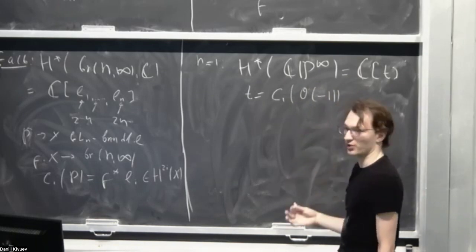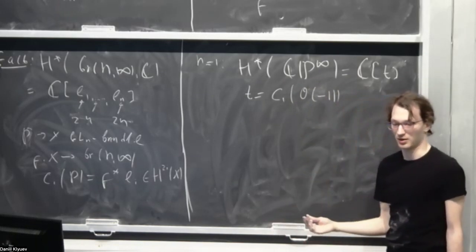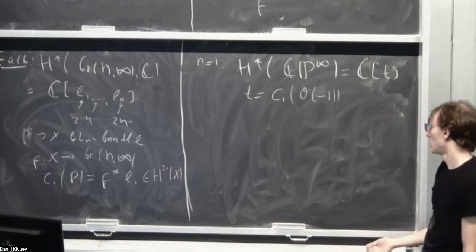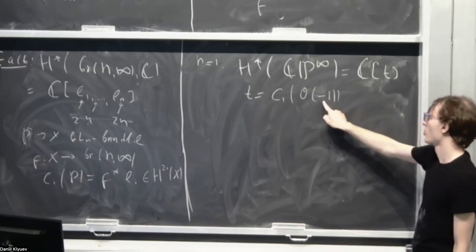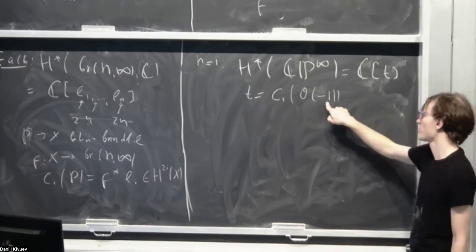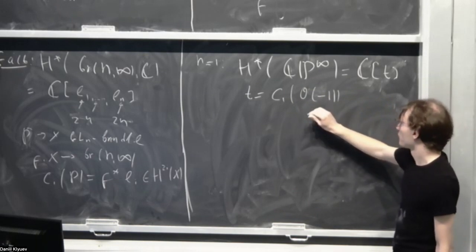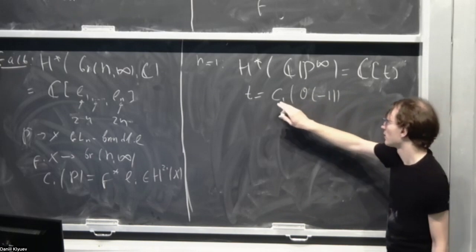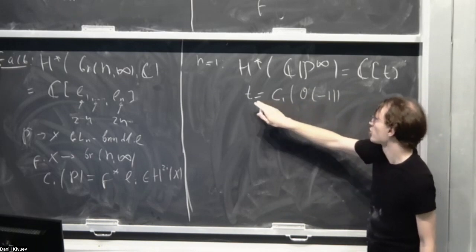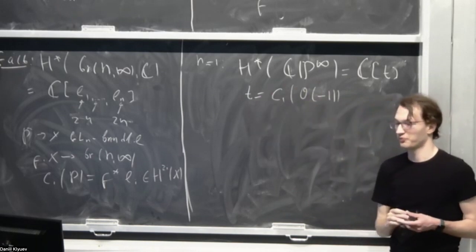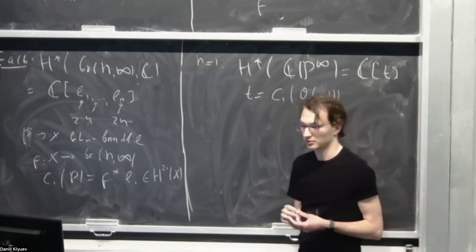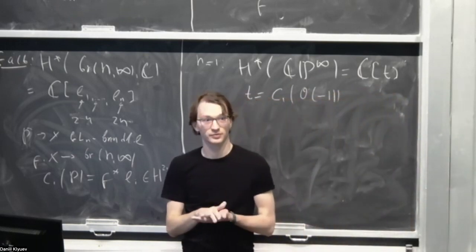Recall that the universal bundle is tautological, so it's O(-1). We use this as our universal bundle, and so its first Chern class is the generator of the cohomology ring. Any questions?